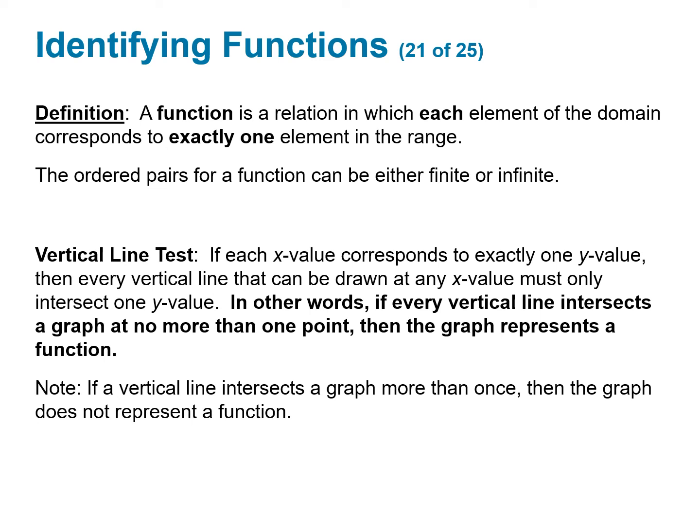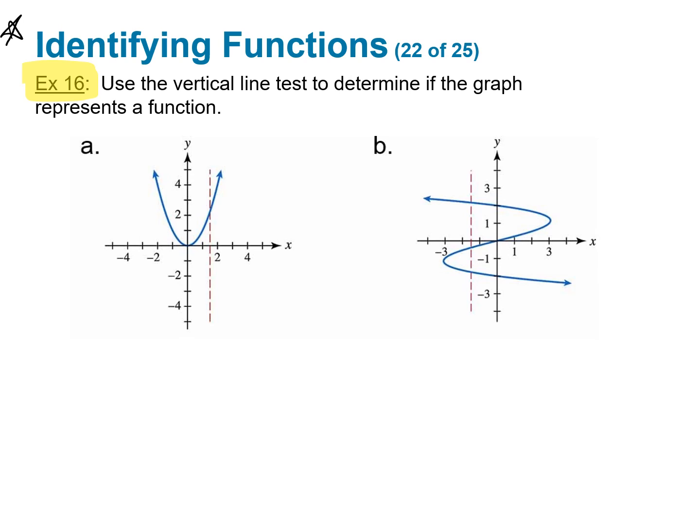But there's a test that we can do to see if a relation is actually a function. It's called the vertical line test. And so let's just see it. If you draw a vertical line on a relation and it only hits the relation one time, then that means it is a function.